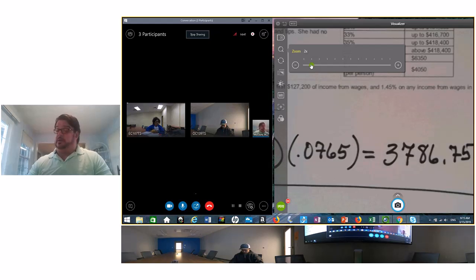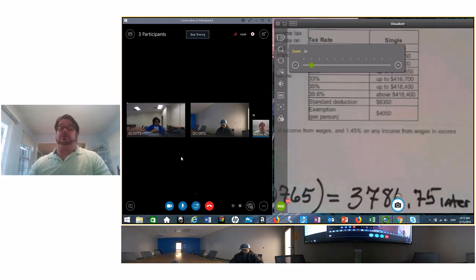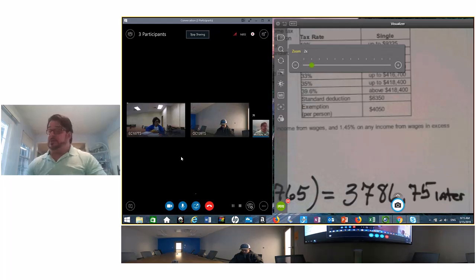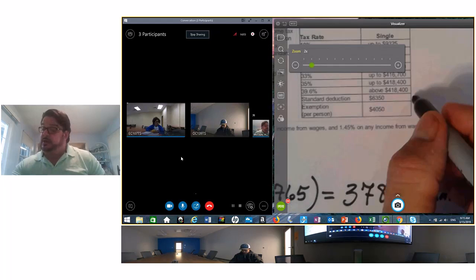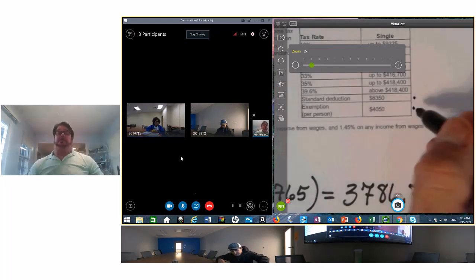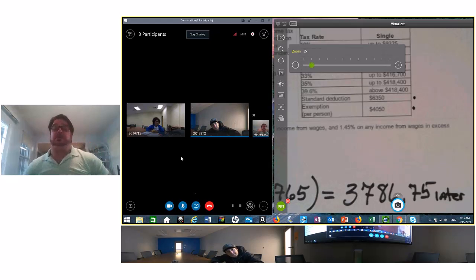Okay, the chart right here says, what is the standard deduction? Somebody add these two right here. The standard deduction and the exemption. That'd be $6,350 plus $4,050. Add those up and see what you get.